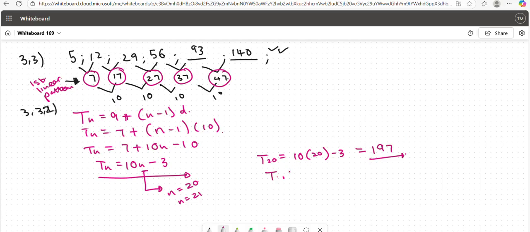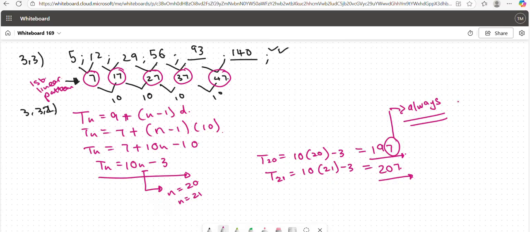That's clearly odd. But T21, is that also going to be odd? That should also be odd. Sorry, I think initially I said it should be even. So let's see, 10 times 21 minus 3, and that gives me 207. So the fact that the 7 here is always odd means every single term here will always be odd.